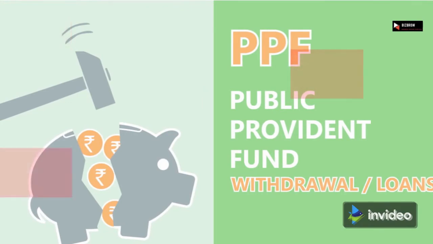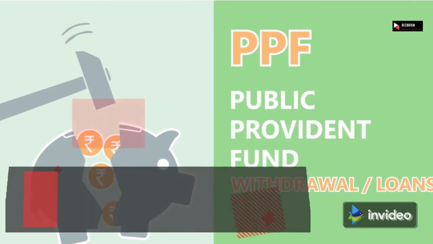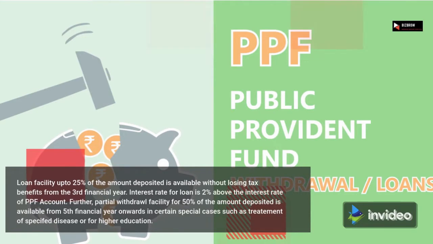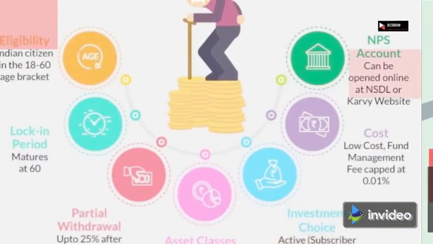Loan facility up to 25% of the amount deposited is available without losing tax benefits from the third financial year. Interest rate for loan is 2% above the interest rate of PPF account. Further, partial withdrawal facility for 50% of the amount deposited is available from the 5th financial year onwards in certain special cases such as treatment of specific disease or for higher education.